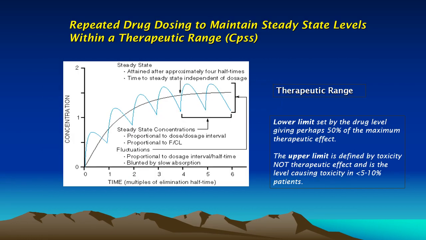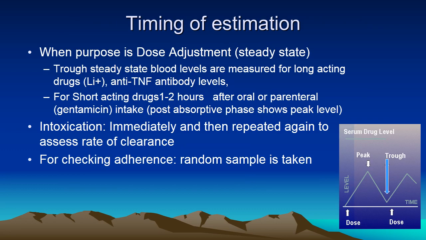We must understand that steady state plasma concentration is achieved after 4 to 5 half-lives, and it is the time when we should take the plasma level for change in the dose. But timing of estimation, that means timing of blood sampling, matters.